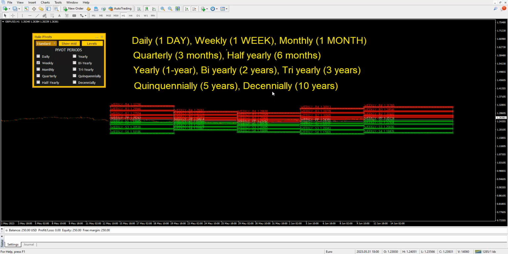So this indicator, Italo Pivots, will take those candles, will calculate open, high, and close, and will project to the next day the support and resistance lines. That's the beauty of it. You have strong support and resistance lines based on mathematics, based on logical calculations. So you can choose just one pivot or every single one of them together.